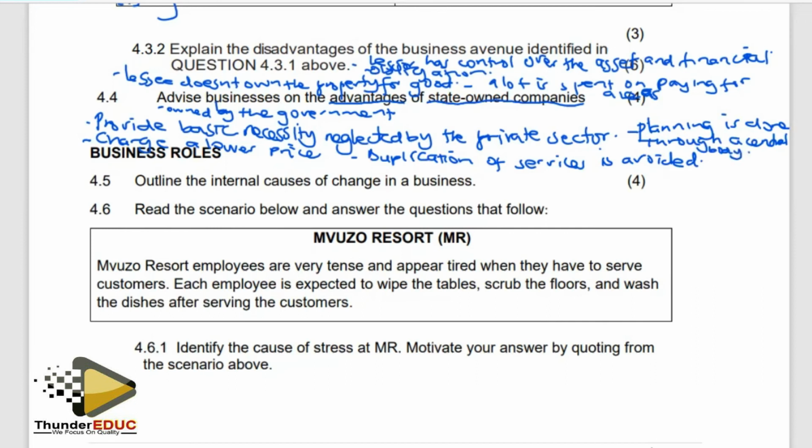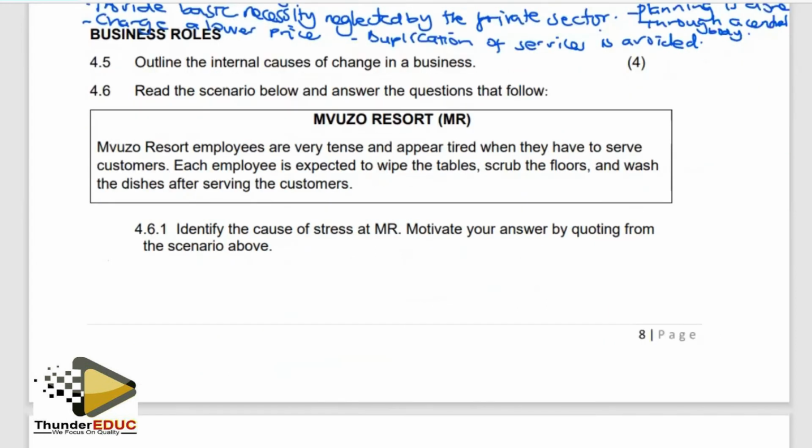They understand the economic climate. They can come up with appropriate policies that can benefit the business. Such things and so many others can be found under advantages of state-owned companies. State-owned companies are businesses which are owned by the government. They are government-owned enterprises. Let's look at another question, and this time they come from business rules.